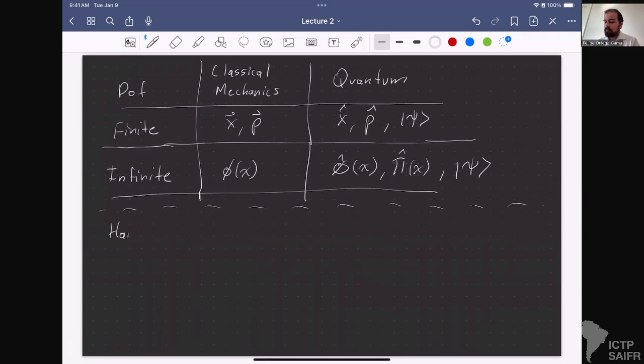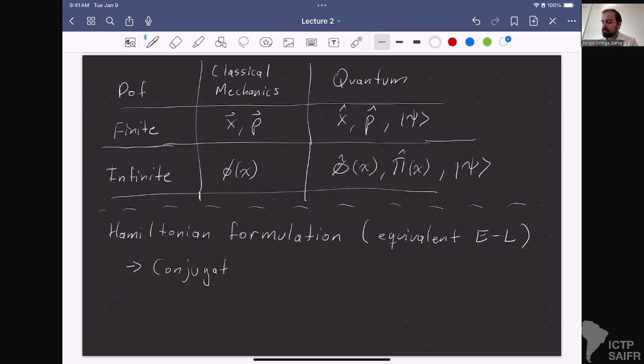So the Hamiltonian formulation is an alternative, but equivalent to the Euler-Lagrange equations to solve for the time evolution of a system. And it begins by defining some conjugate momenta, which we're going to use symbol pi, with some index A in case there's multiple fields.